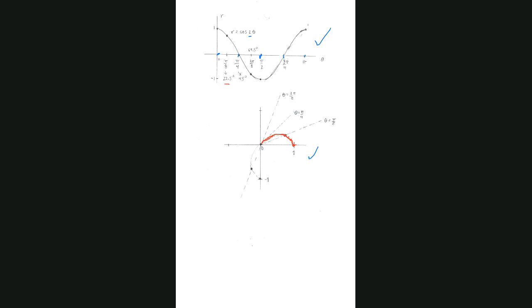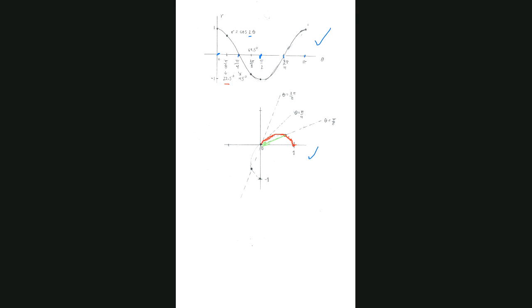So this distance here, let me see here, hold on one moment. This distance is square root of 2 over 2. Okay?